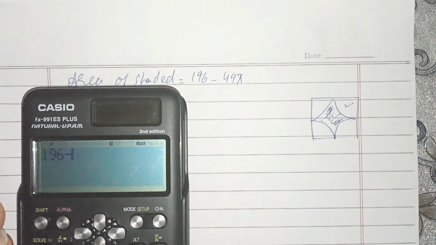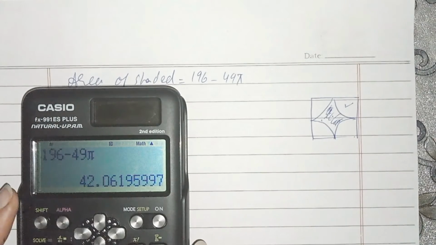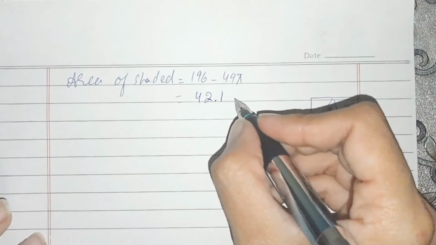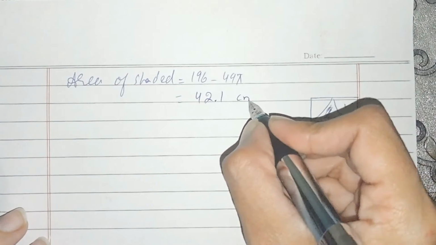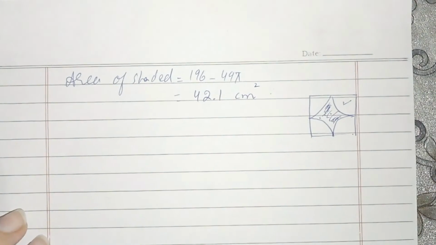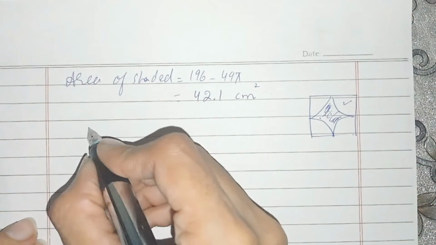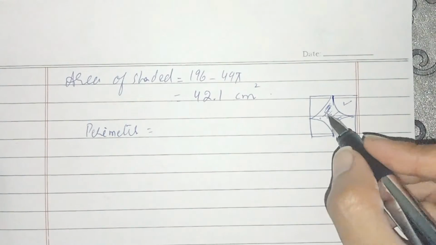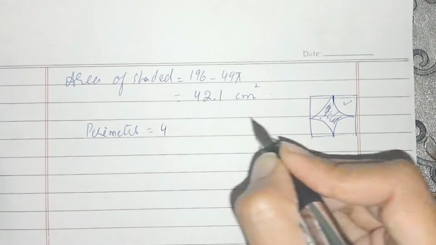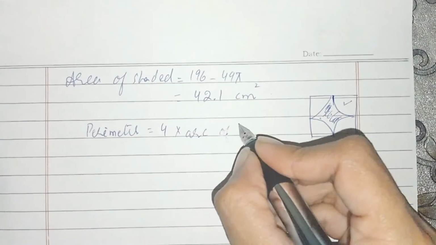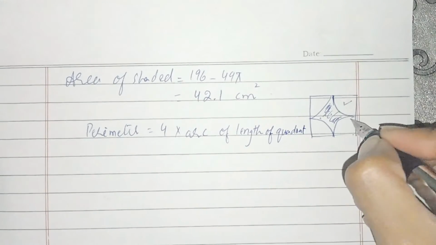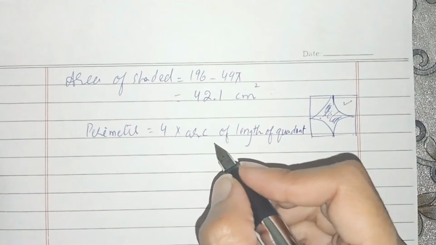196 subtract 49 pi, and we get 42.1, and the unit used is centimeter square. And now students, we have to find the perimeter. Perimeter of this shaded region is equal to 4 multiplied by arc length of quadrant. That is 1 2 3 4, that's why I multiplied by 4.